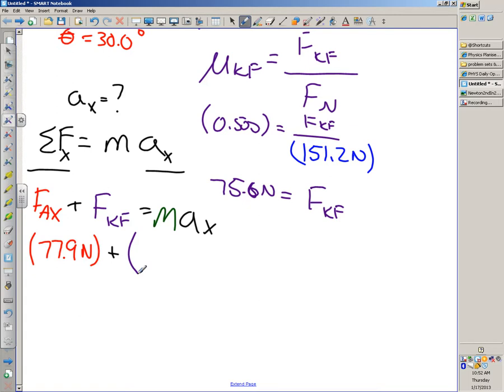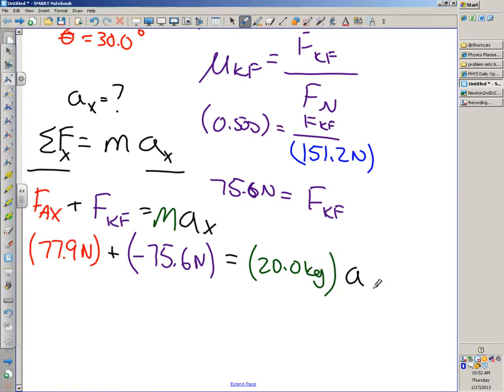What was the number? 75.6, but because it's in the opposite direction, we have to make it negative. And that equals the mass, which they gave us in the problem, 20 kilograms, and that leaves us with just acceleration along the x-axis as our only unknown.